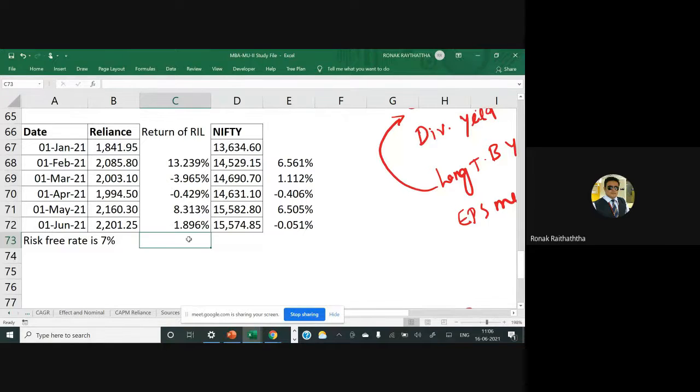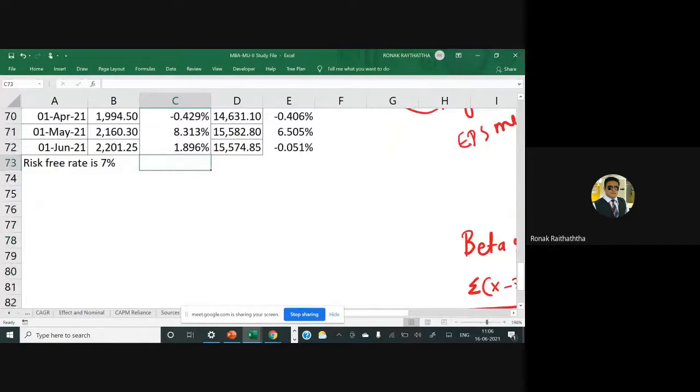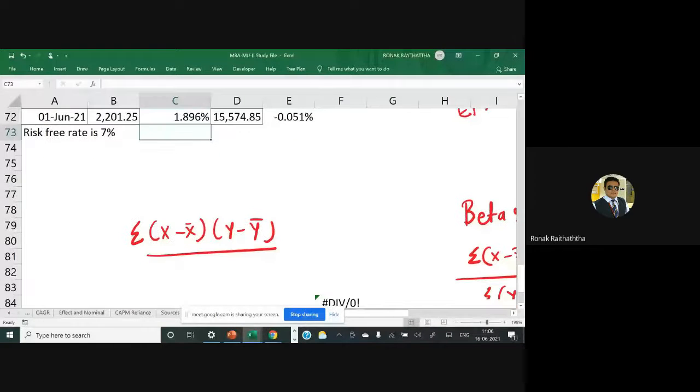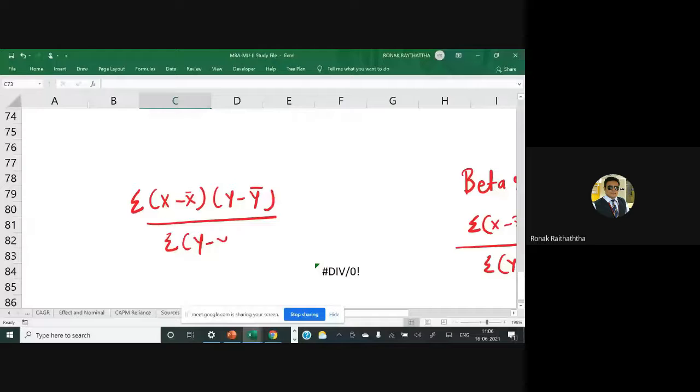In the least square regression, you people are aware about a formula. If regression has already happened in your class, in statistics, if not, then you may use the formula of sigma (x minus x bar)(y minus y bar), divided by sigma (x minus x bar) square. This is the formula you will use.